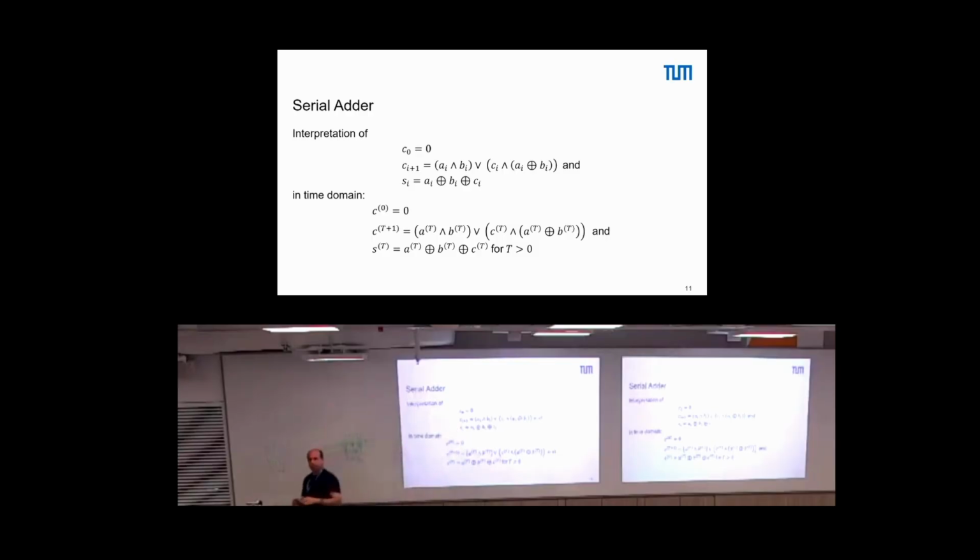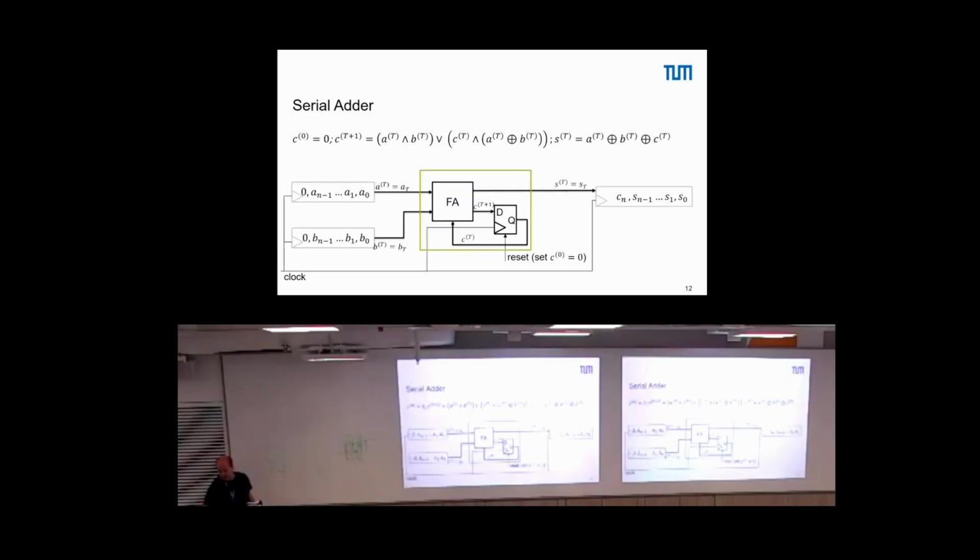Makes sense? The rest is exactly the same. If you draw this over time, then for the carry in the next time step we need a flip-flop. This flip-flop takes the carry out of a full adder and feeds it back as the input into the next time step.